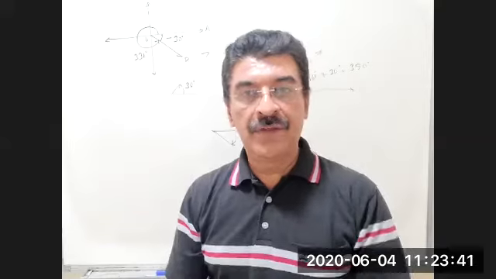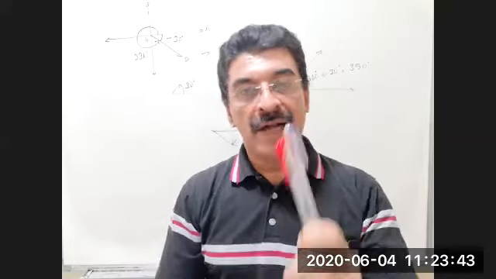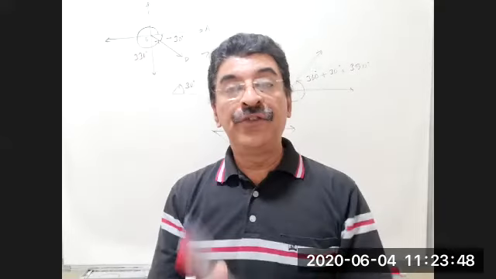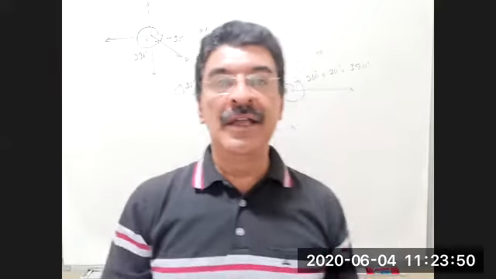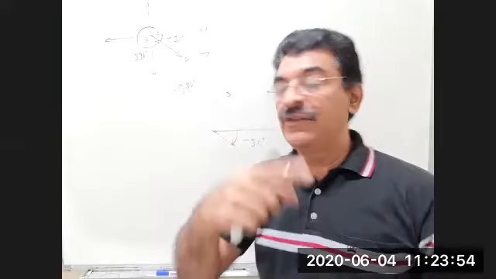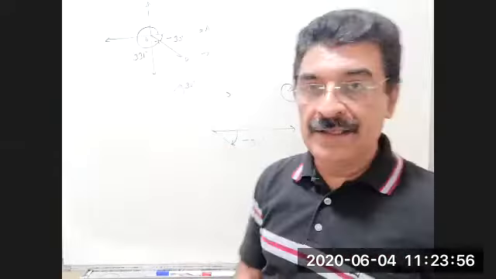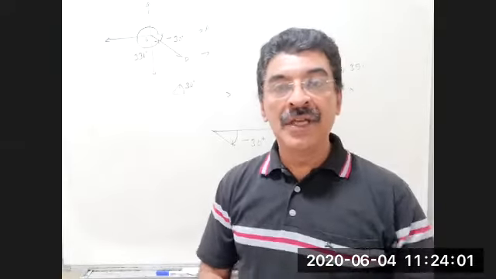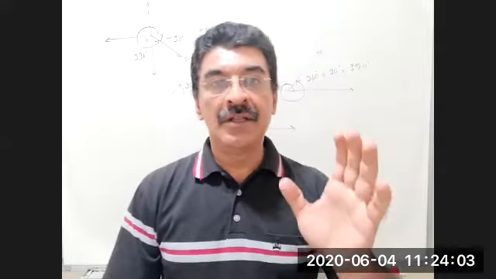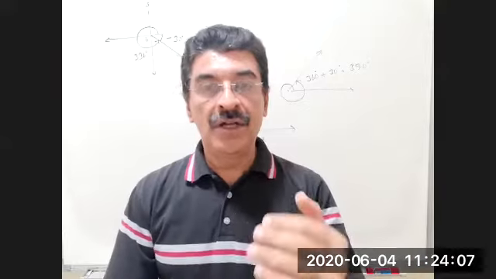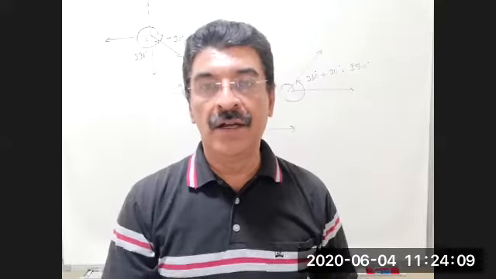It is the same as minus 30 in clockwise direction. The position of the terminal ray remains the same for 330 degrees or minus 30 degrees. So negative angle means if we measure the angle in clockwise direction, we call it a negative angle.